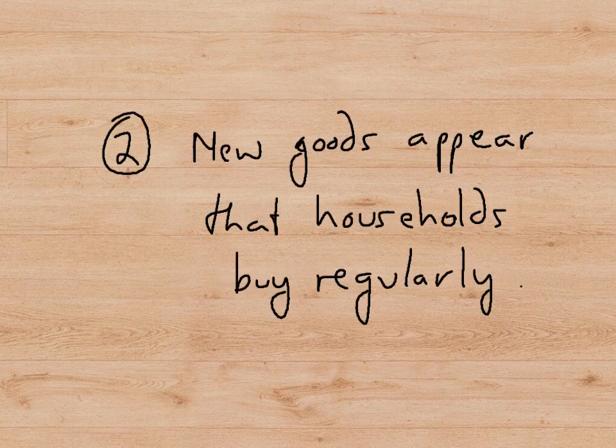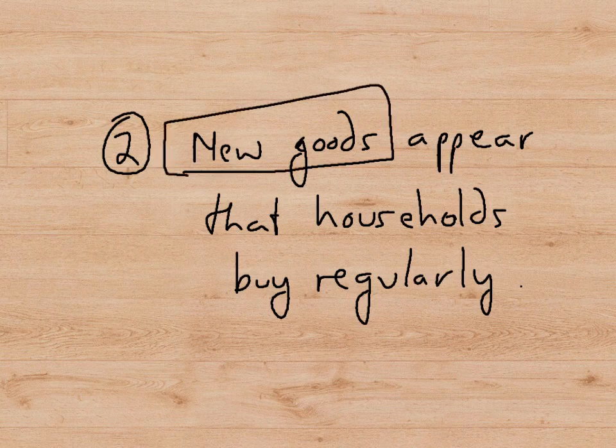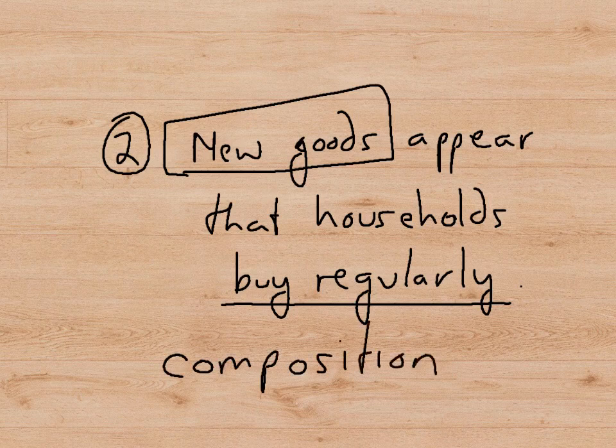Another thing that makes inflation potentially inaccurate when measured is the fact that new goods are appearing on the market every year, and households may start buying them regularly, whereas before, of course, they didn't exist and so couldn't be bought regularly by households. So we have to change the composition of the basket of goods that we include when we calculate the consumer price index.